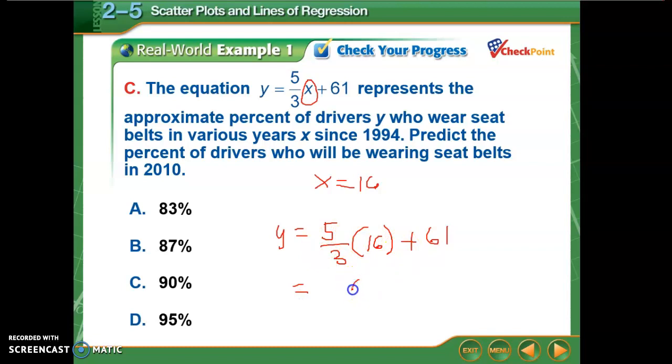Okay? So that will give you what? 5 times 6 is 30. Carry 3. So 80 over 3 plus 61. Alright, so what's your math there?